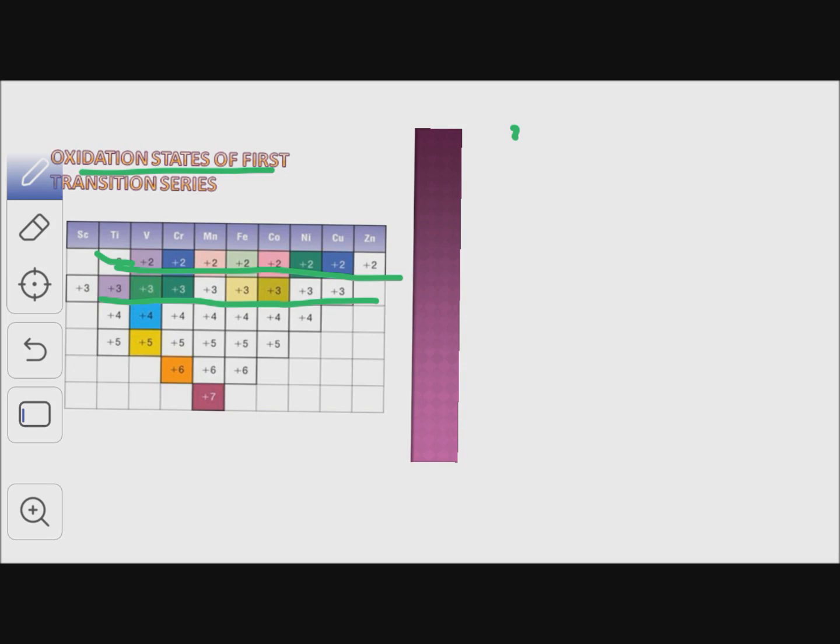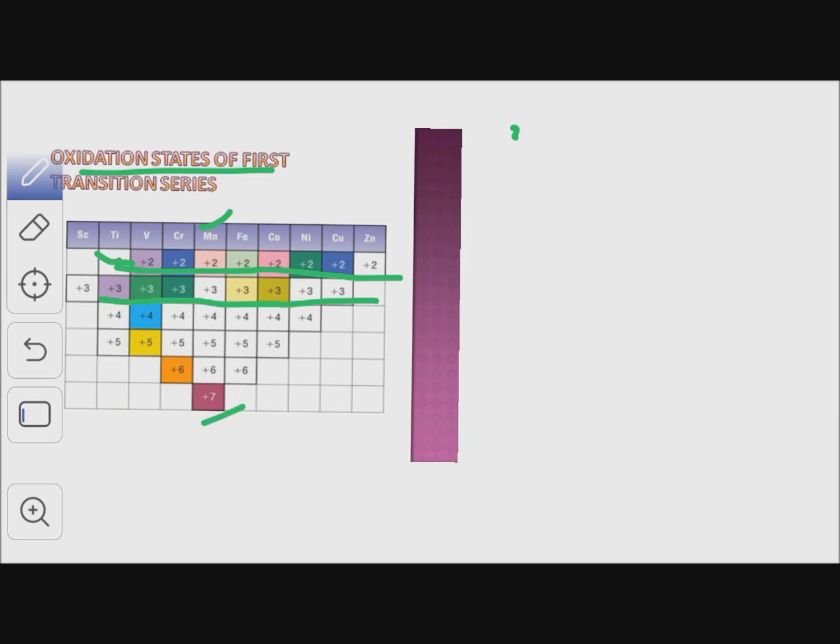And in the mid of the series, there are higher oxidation states. When we move from scandium to manganese, means mid of this series, the number of oxidation states increases. For example, in case of manganese, there are +2 to +7 oxidation states.